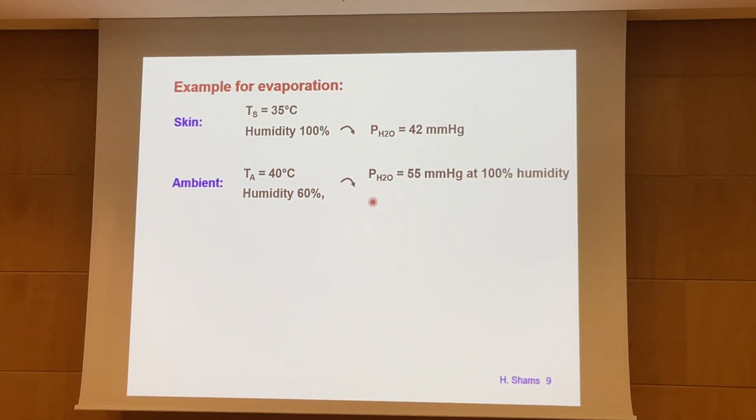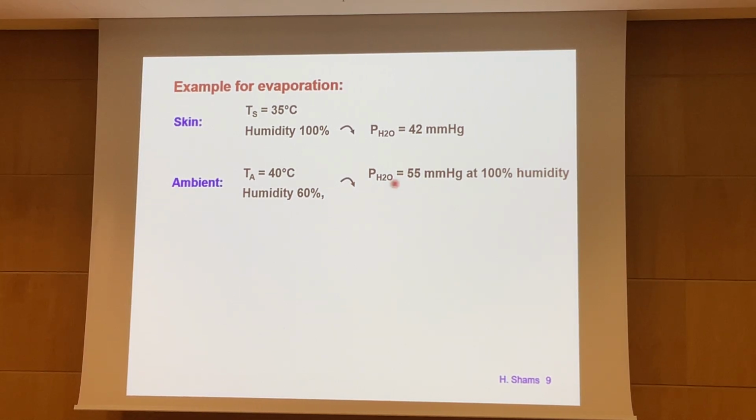By 100% humidity, 55. And you see this 55 millimeter of mercury is higher than 42. Then you cannot dissipate heat. Yeah, because the pressure in the environment is higher than on your skin. You cannot dissipate heat.